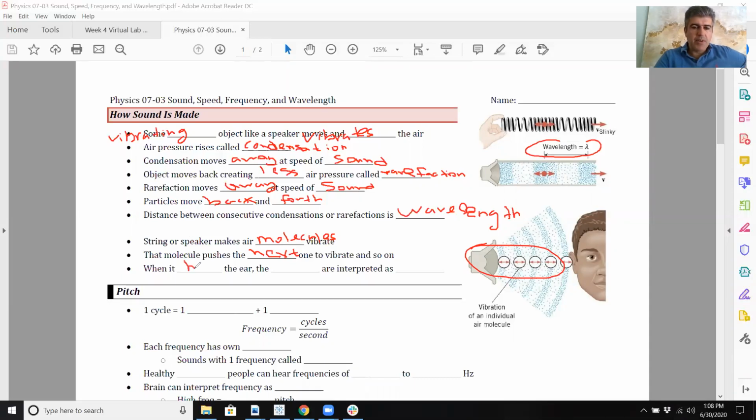And when it hits the ear, when you finally hear the sound, the vibrations are interpreted as sound. So that's how sound is produced. Again, we think of sound as like air vibrating.